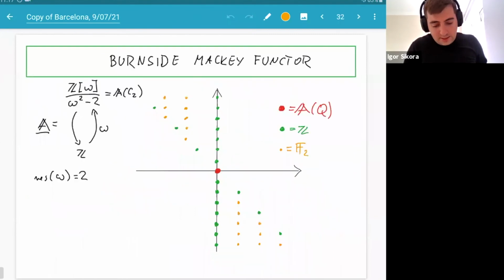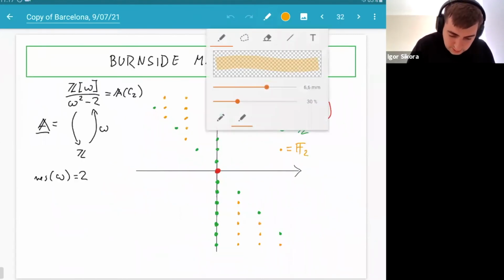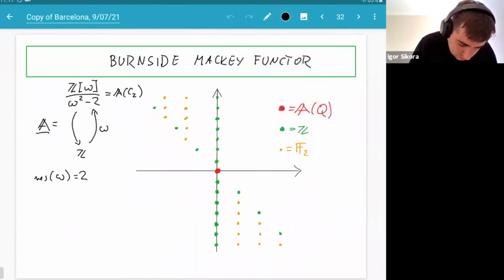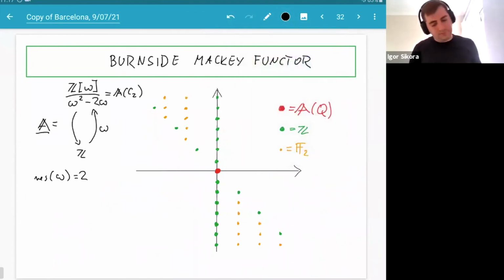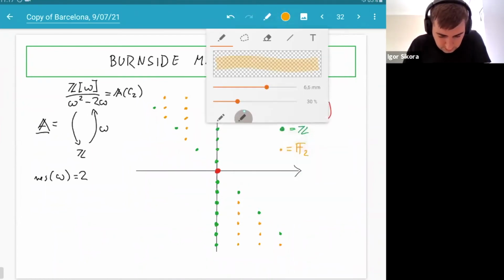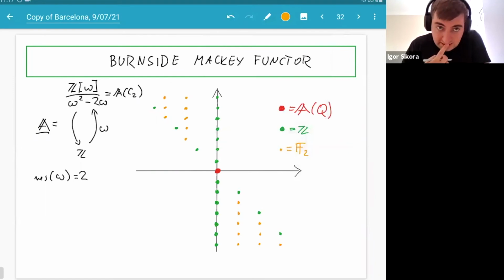So another example are the coefficients of the Burnside Mackey functor. So here we see a little bit different patterns. For example, in the 4th quadrant, this homology is concentrated in even fixed degrees.